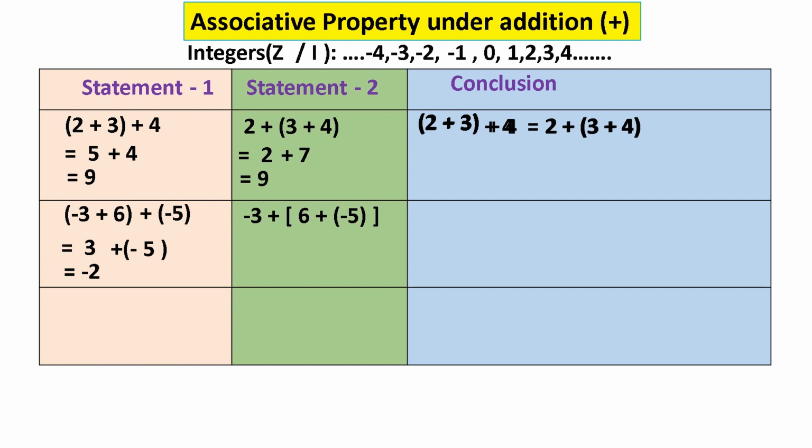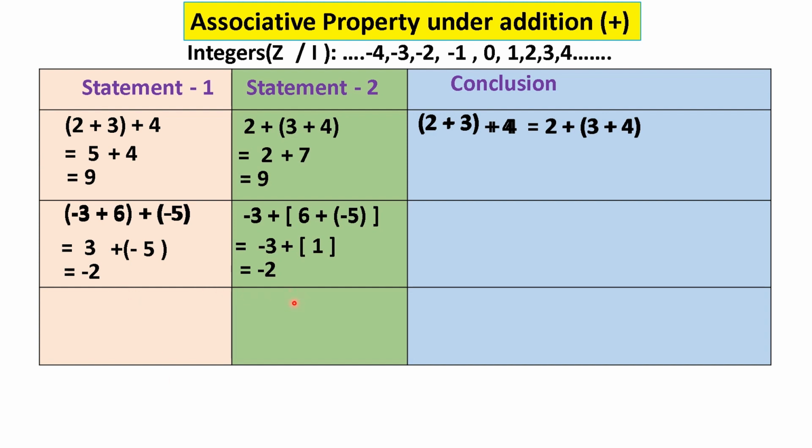We just verified here. Now -3 is here, and the sum of the last 2 integers we get only 1, and -3 plus 1 we get -2. So in statement 1 we get -2, and in statement 2 we get the same -2.